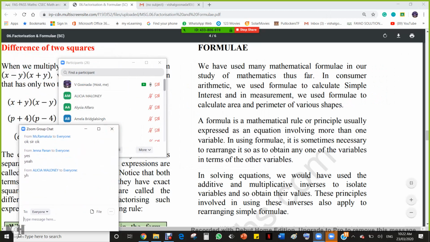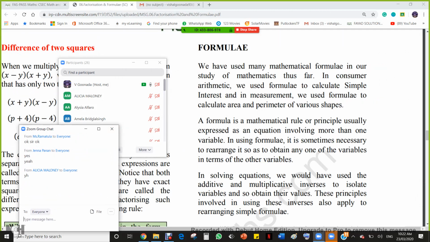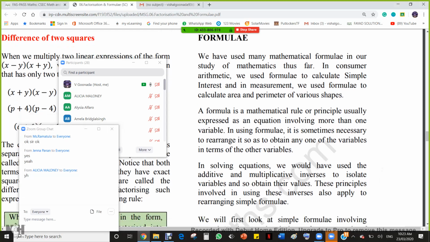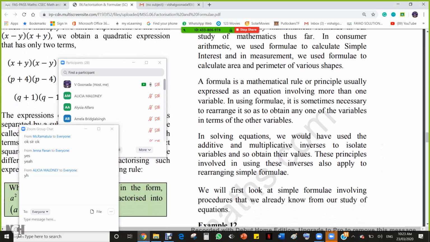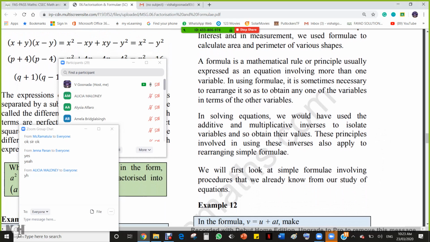So, we have used many mathematical formulae. Formulae is just the plural of formula, in our study of mathematics thus far. In consumer arithmetic, we use formulae to calculate simple interest. In measurements, we use formulae to calculate the area and perimeter of various shapes, which we just covered. So basically, a formula is a mathematical rule or principle usually expressed as an equation involving more than one variable.